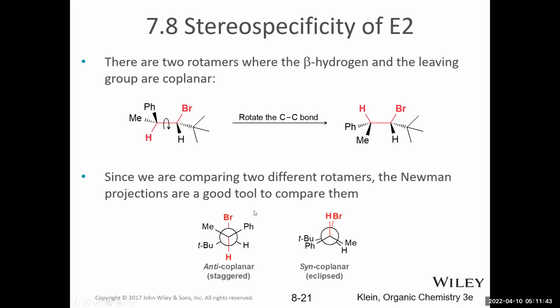So one of these two conformations is clearly more stable than the other. Of course, the anti-staggered conformation is going to be more stable than the syn-eclipsed conformation. So as a result, even though there's two coplanar conformations, this is the only conformation that allows for a reaction. The syn-eclipsed is a high energy conformation that is unlikely to exist very often.